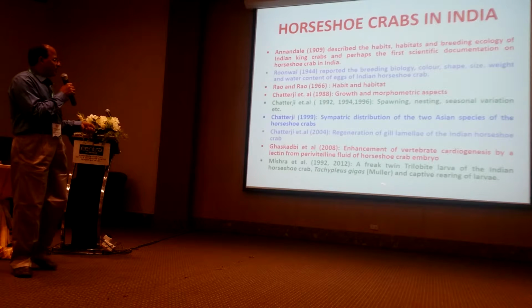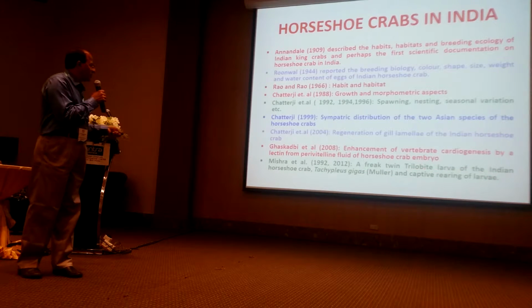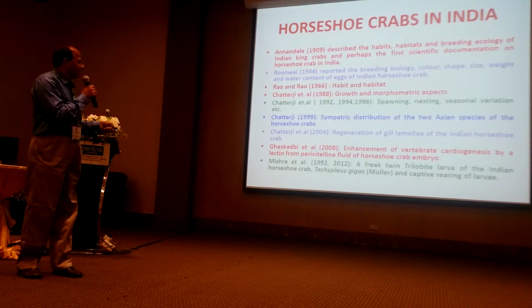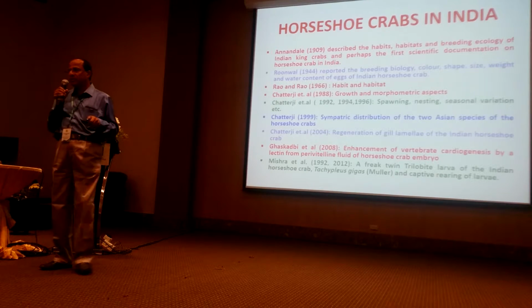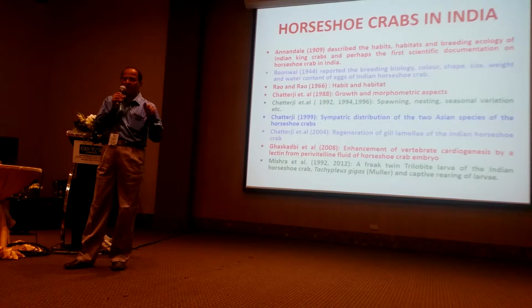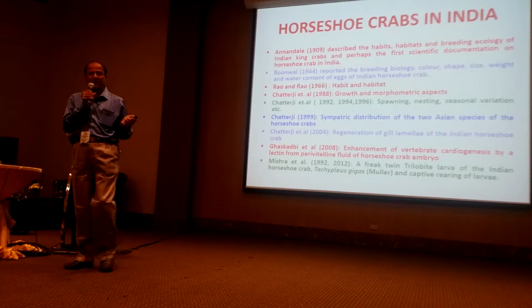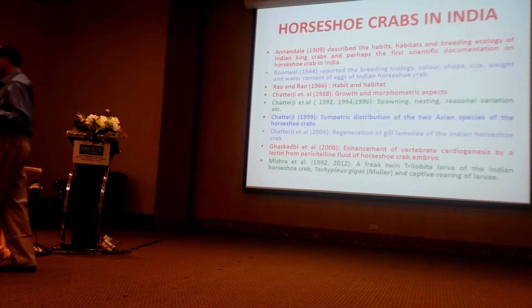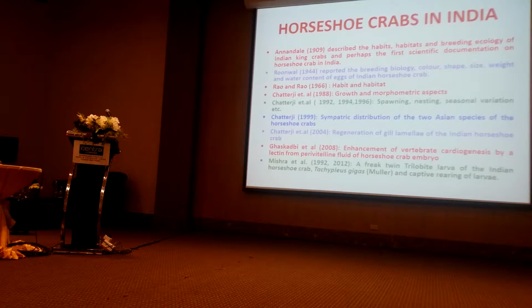And another group reported twin trilobate larvae. They also first tried to rear the organism in lab conditions. In the first rearing experiment they started with very limited samples, but they showed it is possible to rear them in the laboratory.